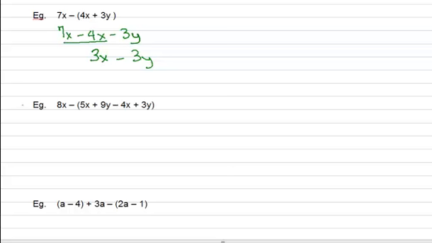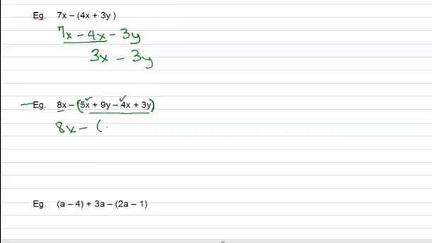So now when I get to this one, you see that again I'm subtracting this big polynomial from this. Now, when we look inside this parentheses, you should notice something, and that is we've got like terms inside the parentheses. So we're going to combine them before we try to subtract.